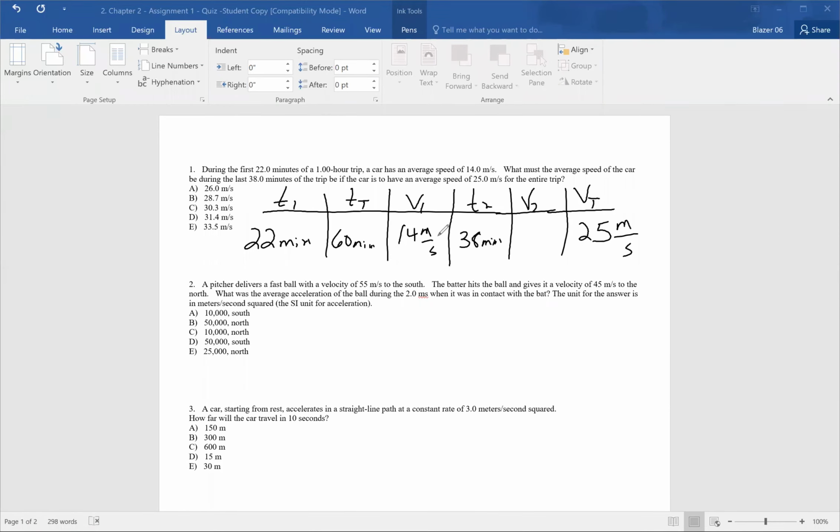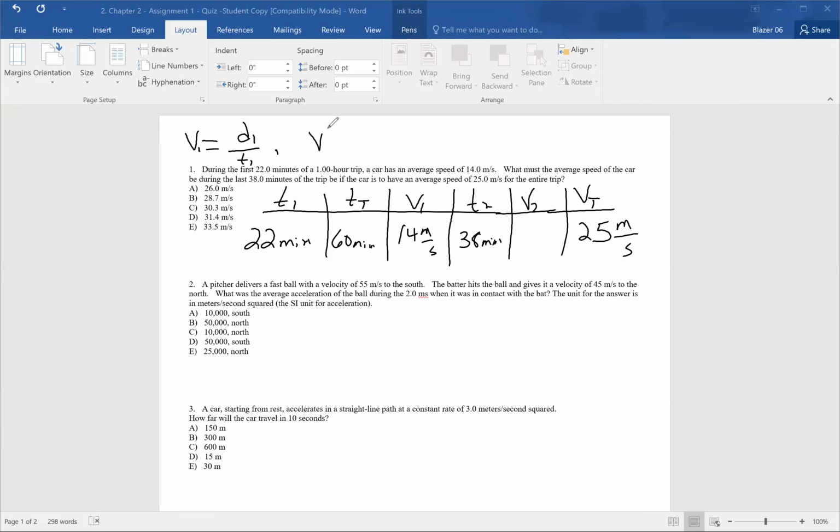So what you really want to do in order to understand the question and to answer it properly is understand what average speed means. So average speed, the speed here is the total distance over the time. So if I know speed one, I can find distance one and time one.